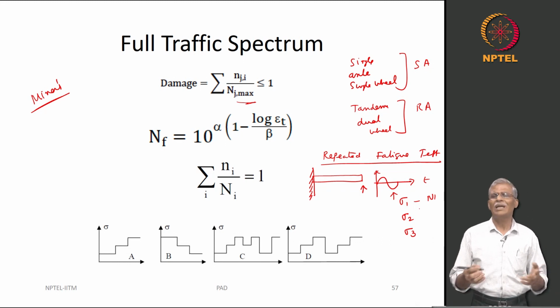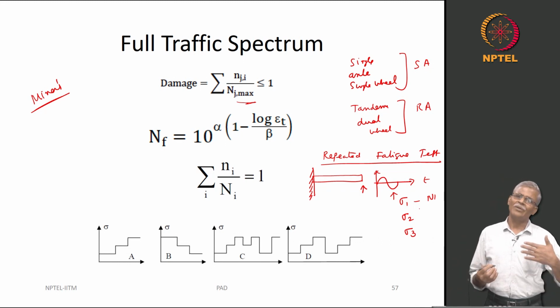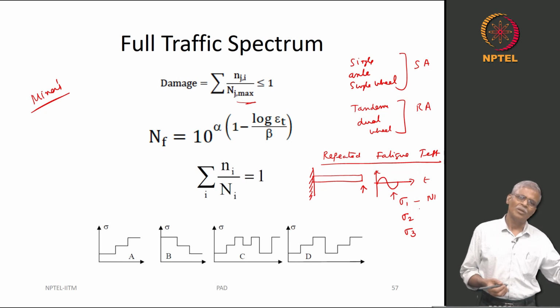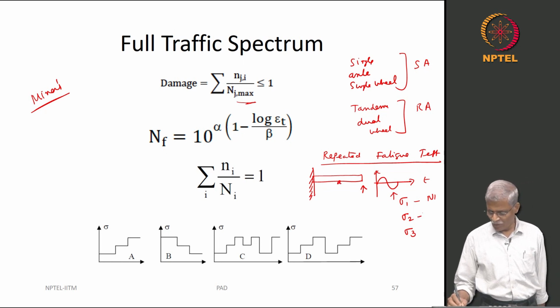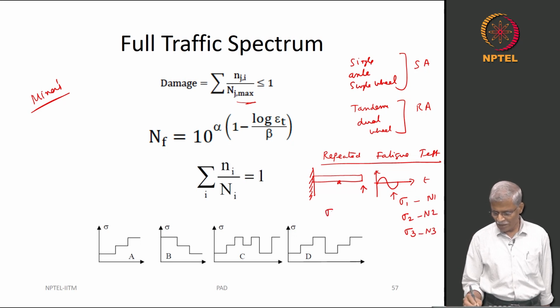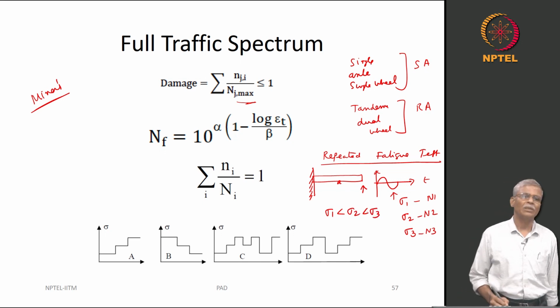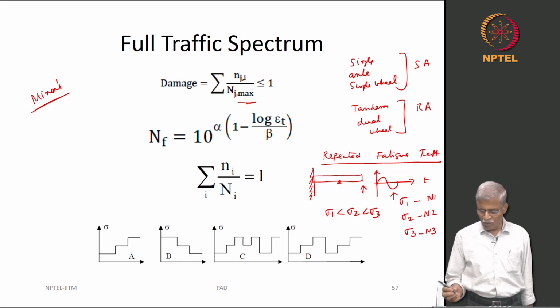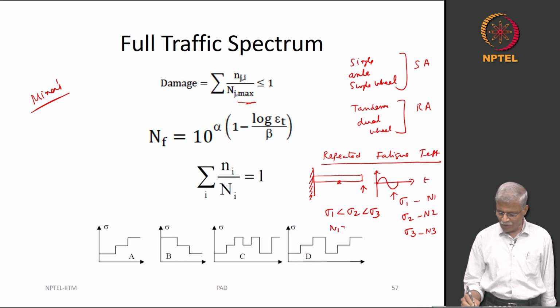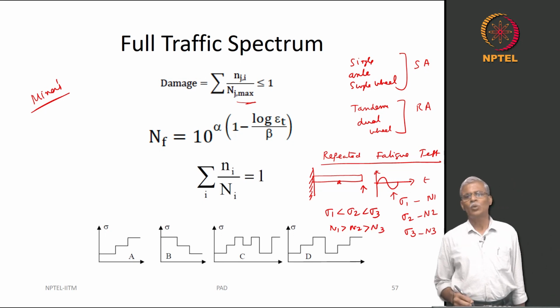As of now, to simplify things, I will say number of repetitions to failure. That means it breaks somewhere here. Let us say this is N2 and this is N3, and so we will assume something like this: sigma 1, sigma 2, sigma 3. Sigma 3 is the maximum. So, what is really going to happen is N1 is going to be greater than N2 and so on and so forth.